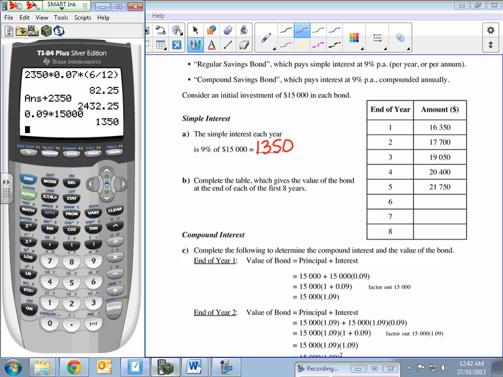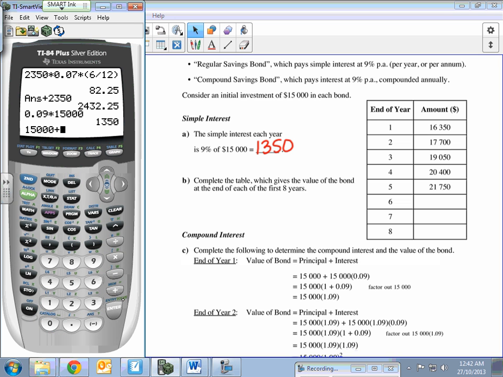Okay? So if I have 15,000 plus 1350, enter, you can see after the first year, at the end of the first year, your investment is going to be at 16,350. On this chart on the right hand side, you can see that at the end of year one, it is 16,350.